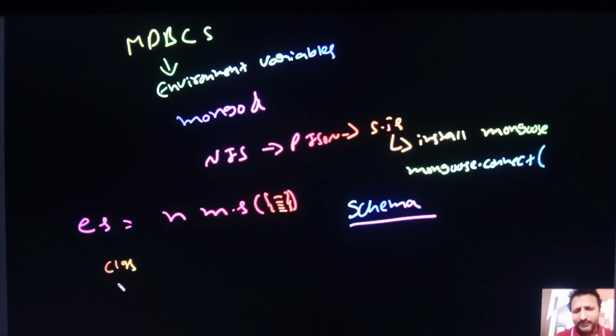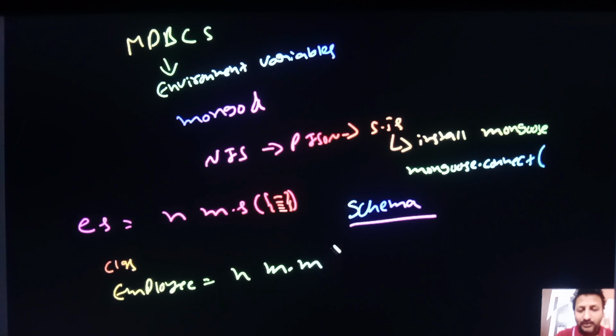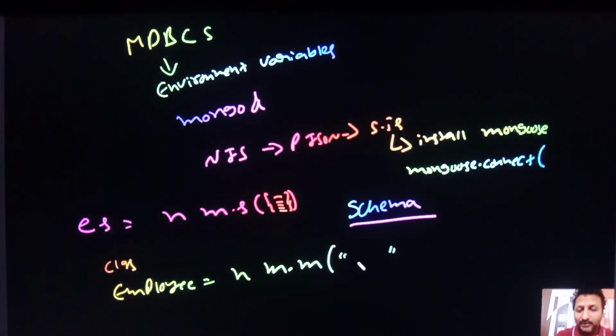Usually a class name starts with a capital, so we named it Employee, equal to mongoose.model, and you give the name of the collection, or table as we call it, and the schema, employeeSchema. It creates a new class.